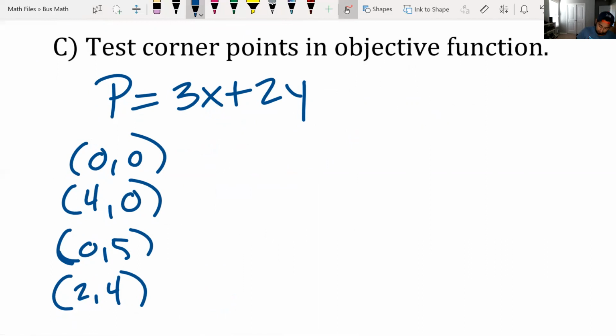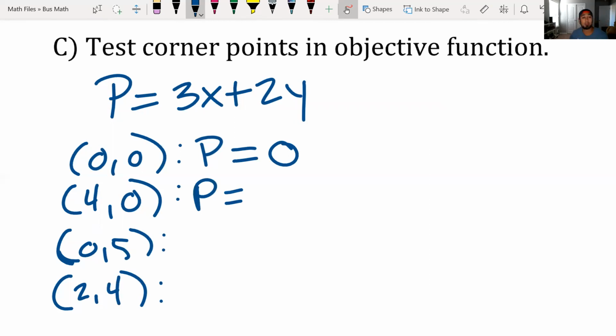If I plug 0 into the objective function, the whole thing becomes 0. If I plug 4 in for x and 0 in for y, we'll get P = 12.